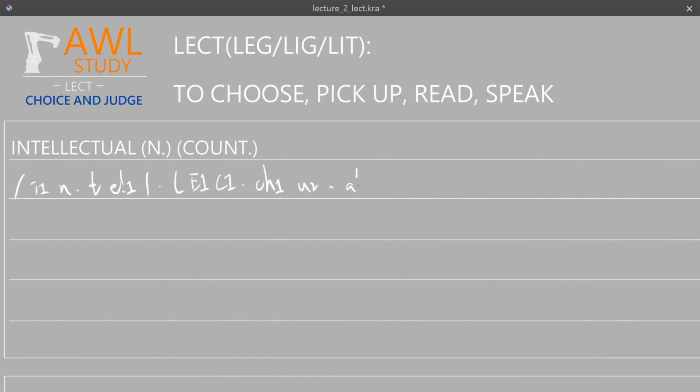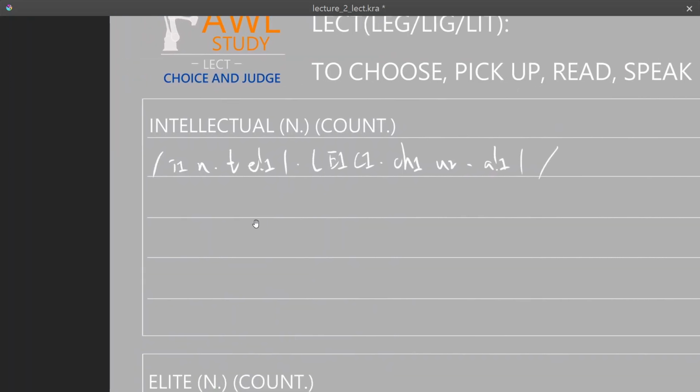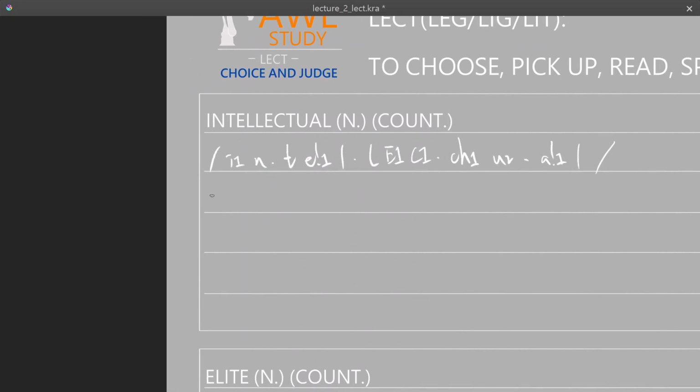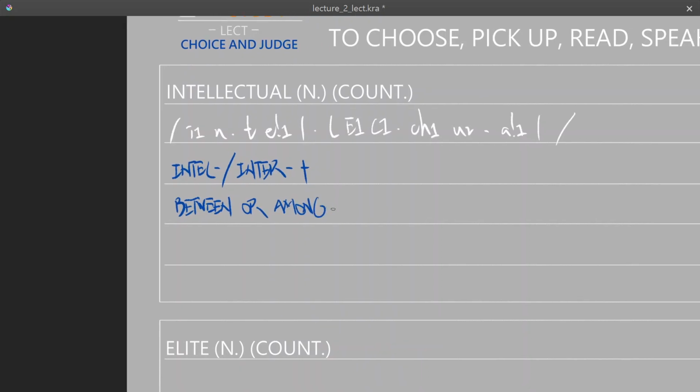Intellectual. All right. And again, we have the prefix intel or inter, meaning between or among, or together.